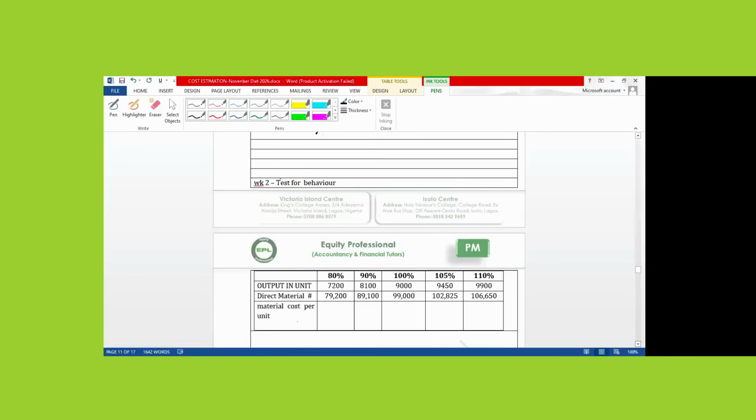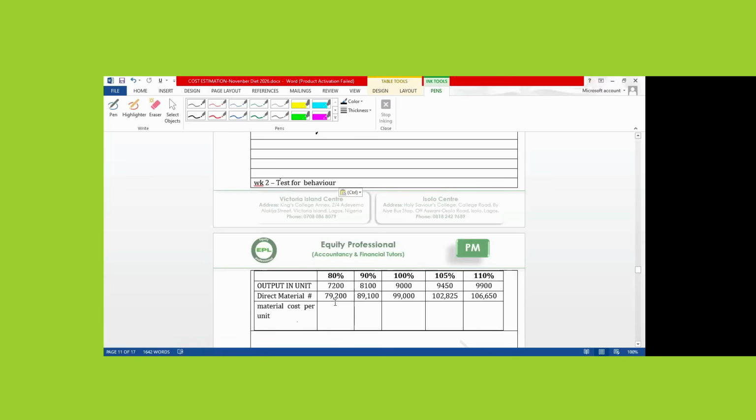Now, like this, for Ikeja factory, we have the activity level up to 110, output in units also given. Now pick direct material cost for Ikeja.